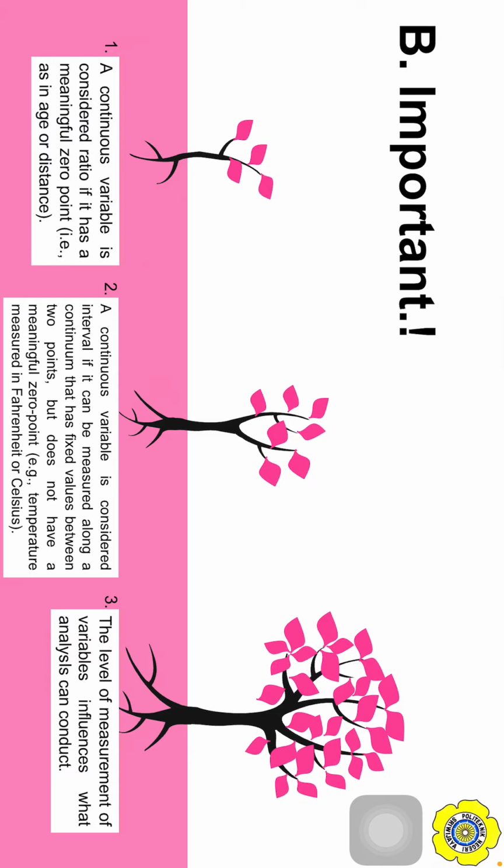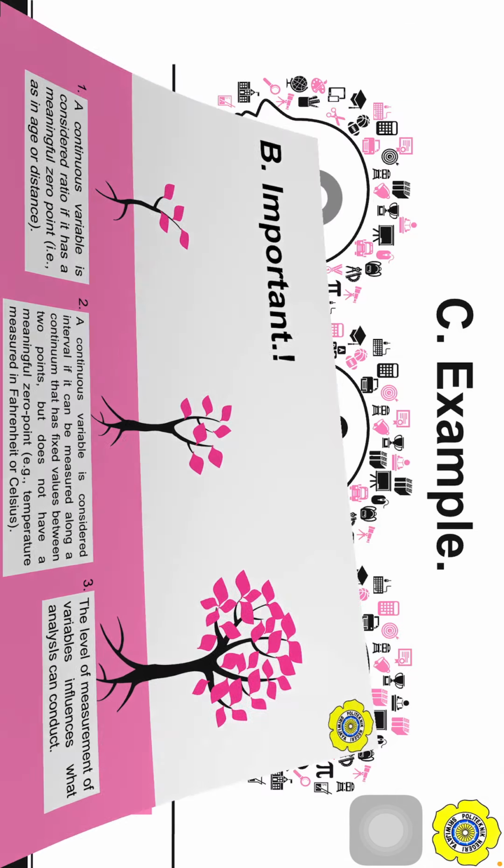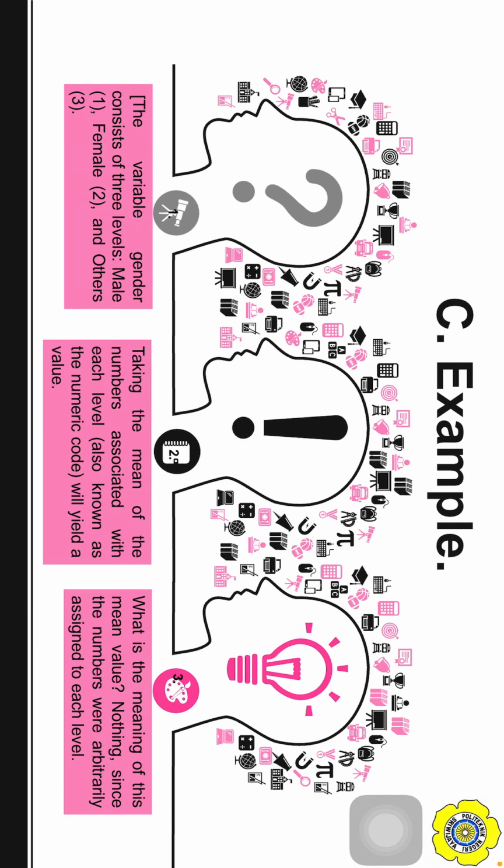For example, temperature measured in Fahrenheit or Celsius. And the last thing to remember is the level of measurement of variables influences what analysis can be conducted. Okay, go on to the next slide about the example.